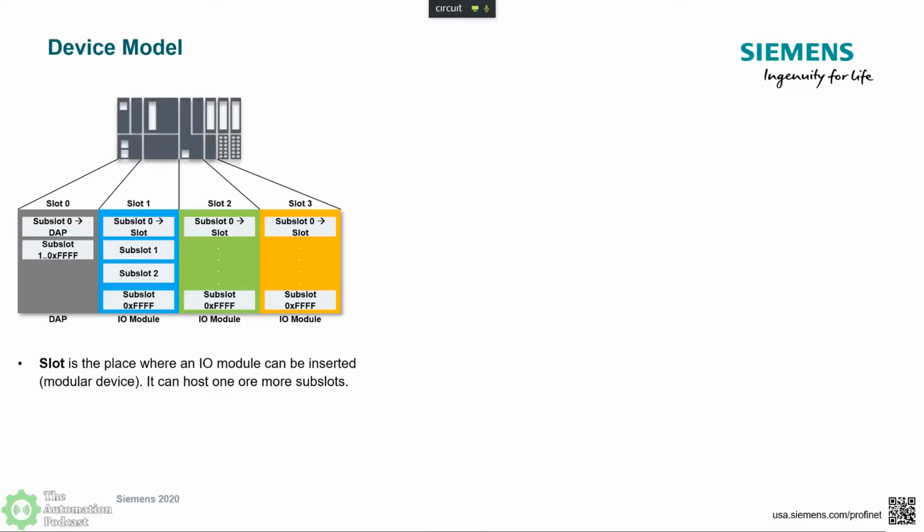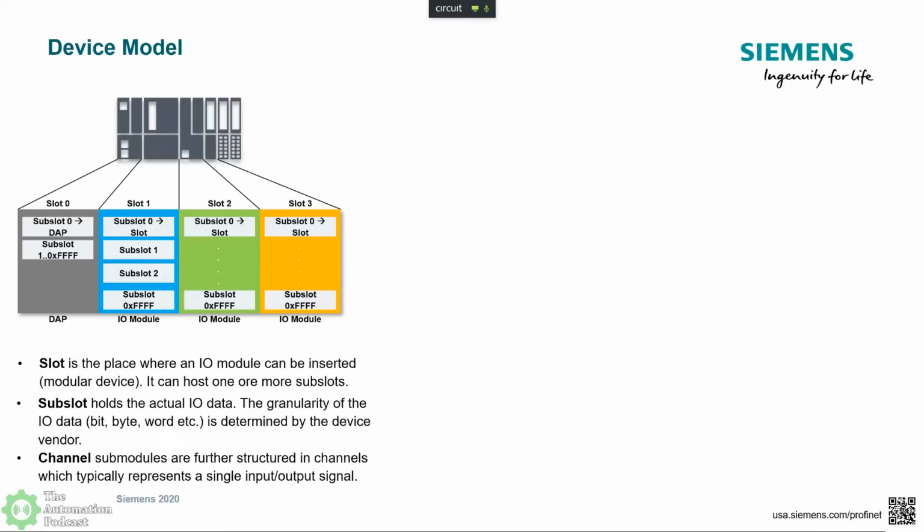So you can see the slot here, and it can host one or more subslots. The subslot holds the actual I/O data. The granularity of the I/O data, bit, byte, word, whatever, is determined by the device vendor.